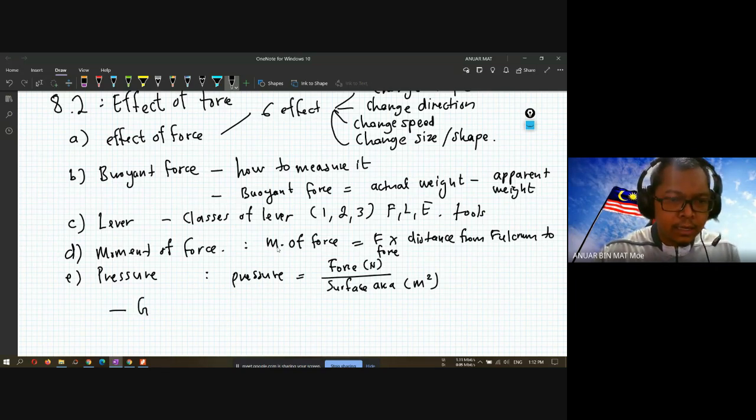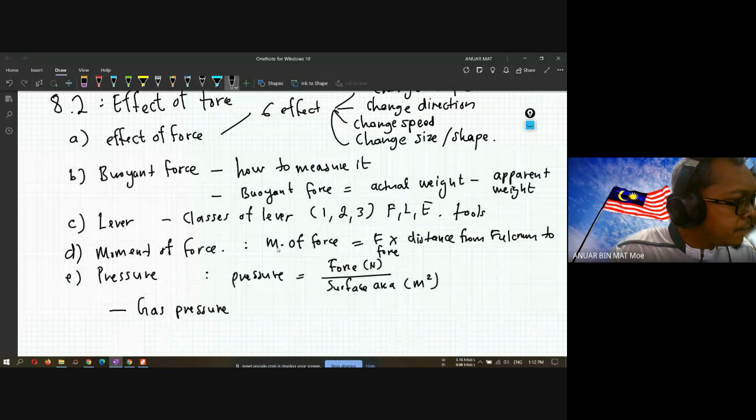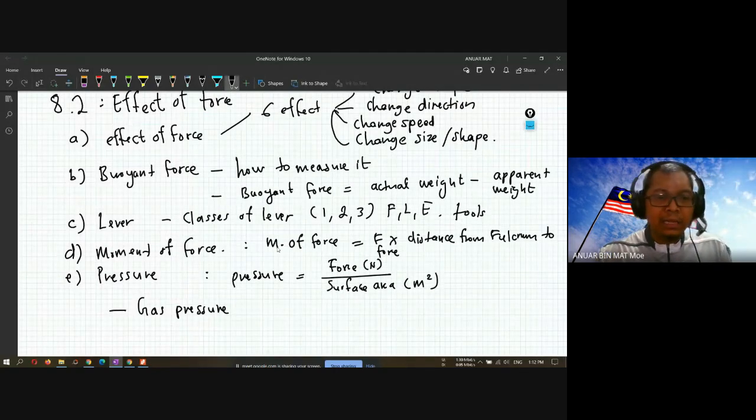Next one, gas pressure. All right, gas pressure, and a little bit about liquid pressure.